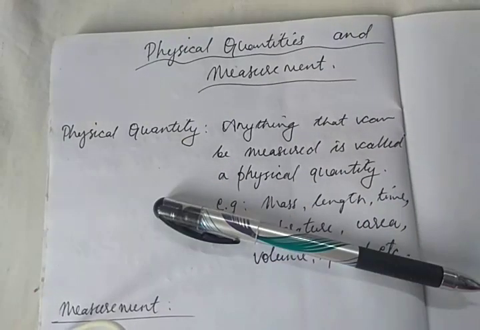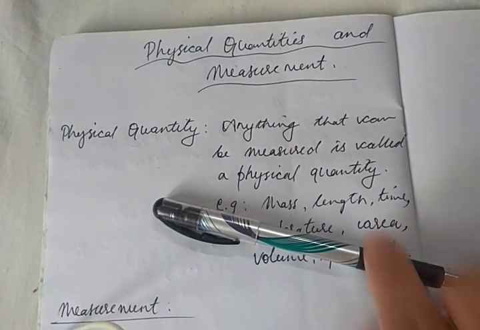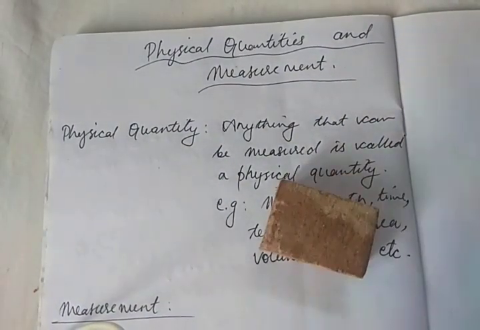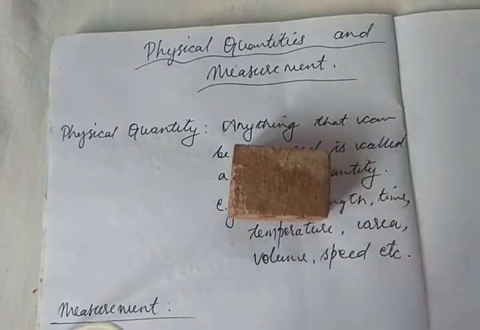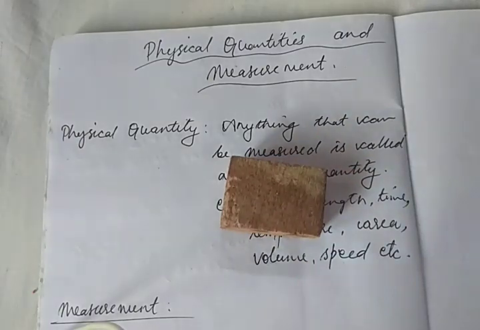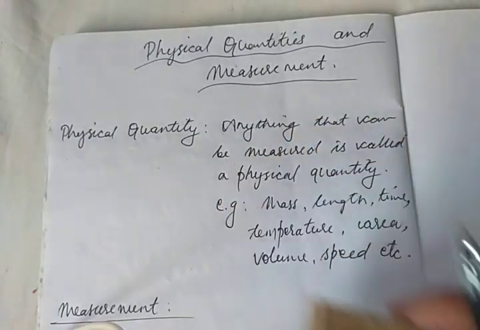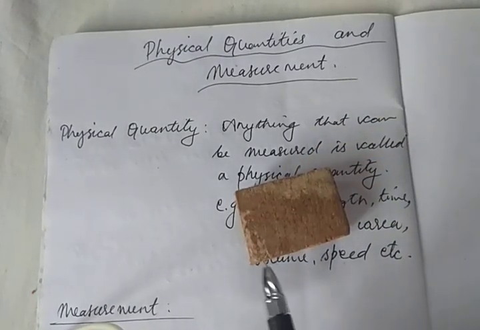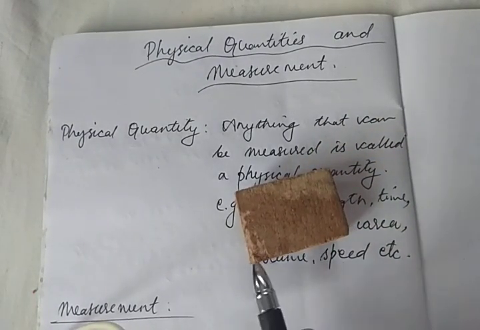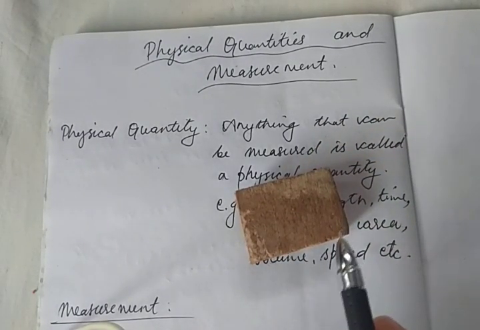Remember, this pen that we have is not a physical quantity. This small piece of wood that I have over here is not a physical quantity. But what is a physical quantity then? The length of this piece of wood is a physical quantity.